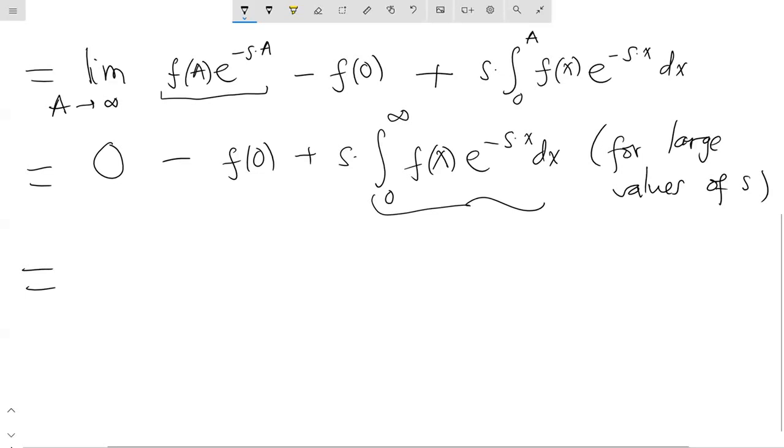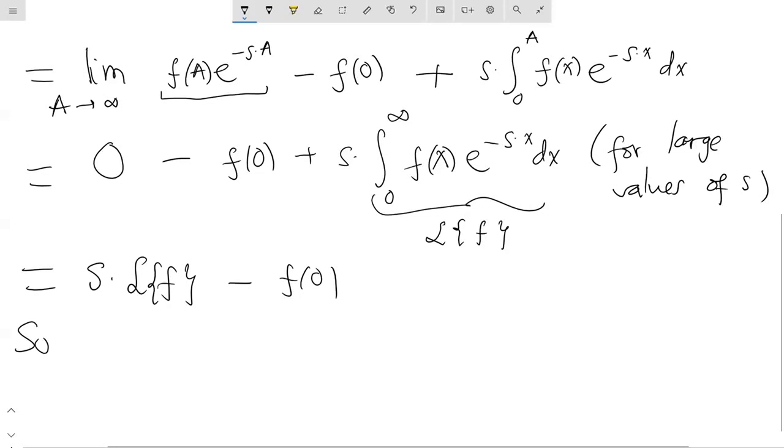The integral from 0 to infinity of f of x e to the minus sx dx. This is just the Laplace transform of f, right? So we have the formula. Let me rewrite this second term first. So we have s times the Laplace transform of f minus f of 0.